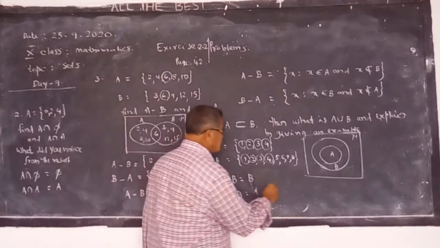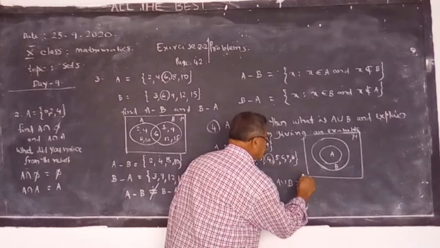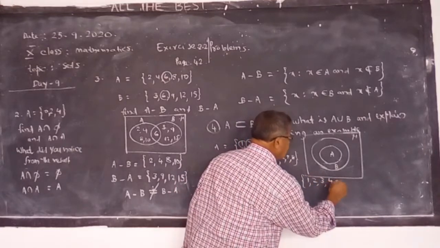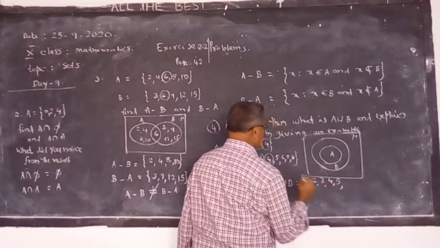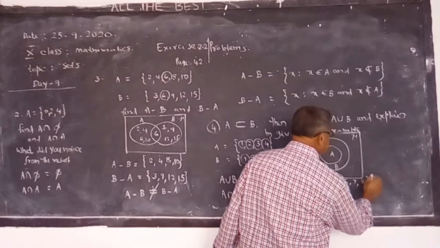In A union B, we write all the elements, combining all: 1, 2, 3, 4, 5, 6, 7, 8.